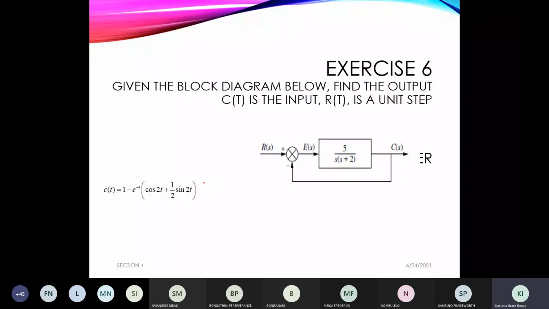Sir, where can I get this slide? Are you in the group? No, I'm not in the group. But you have my number, right? Yes, I do. Send me a message saying that you are the one asking for the slides. I'm sending them now in the group.